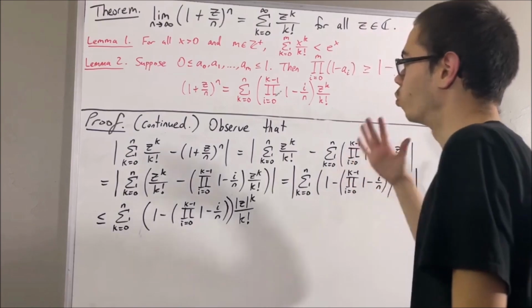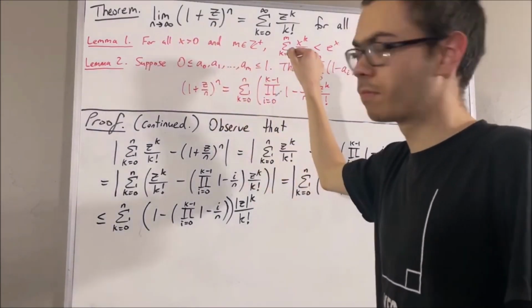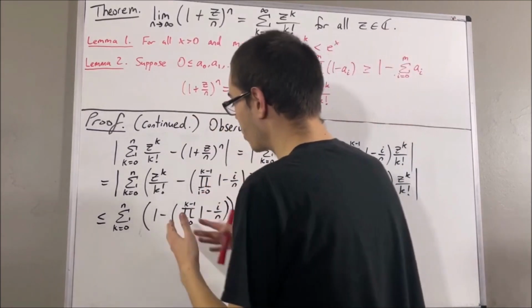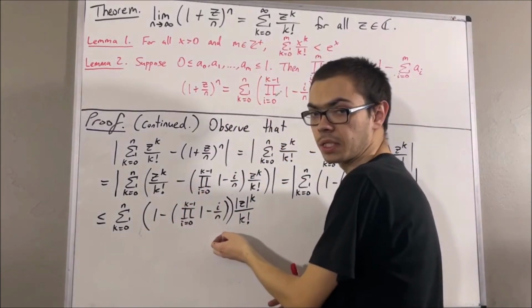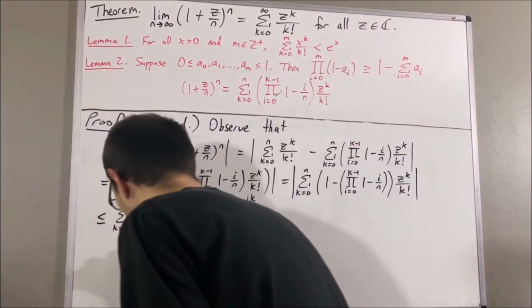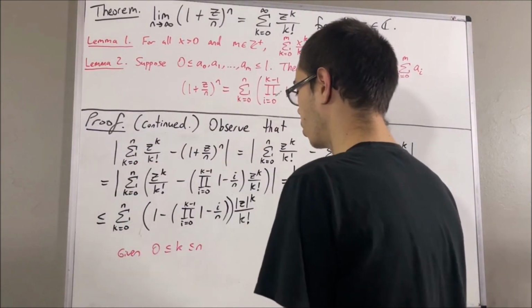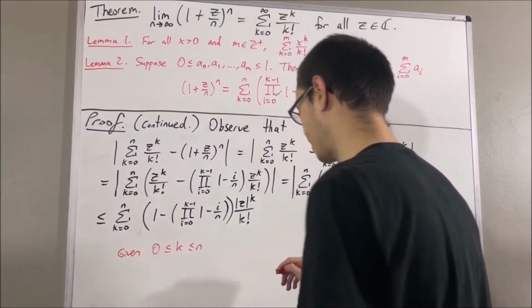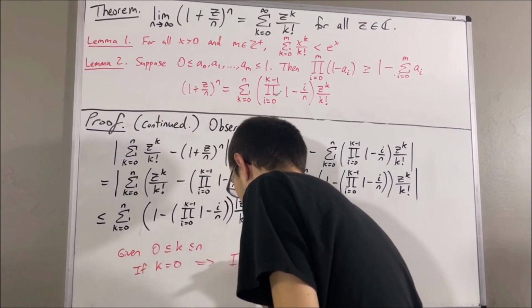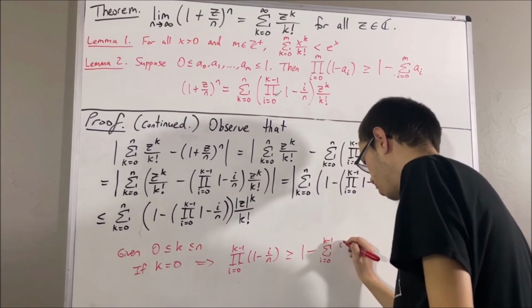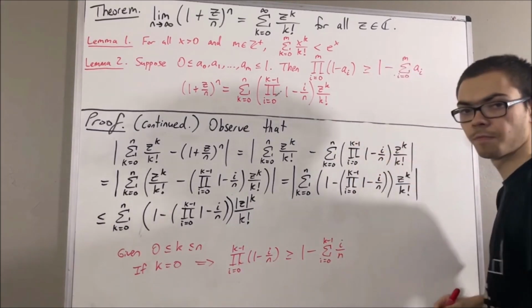So now we are going to apply lemma 2. To apply lemma 2, first of all, if we consider an arbitrary term of this sequence, or in other words, consider an arbitrary integer k between 0 and n, if k is equal to 0, we can all agree that this inequality is true.